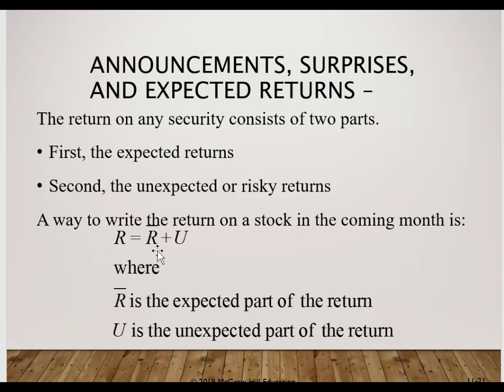But from time to time, there's something different that you can receive, right? There's something extra, an unexpected part. Could be positive, could be negative. But the return on a security is a combination of what you expect to happen and then the unexpected, the surprise that you can receive.